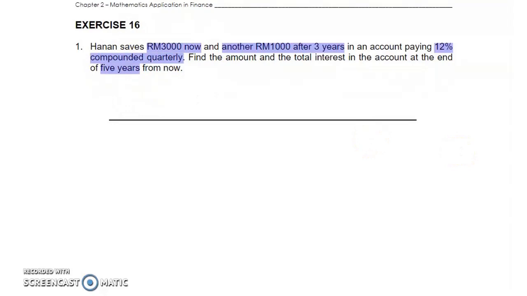Okay, as I said before, extract the info given to this timeline. So here now, let's say I put P1 equal to 3,000. Okay, for how many years? 3 years. Okay, because after 3 years, you put another 1,000. So let's say here T equal to 3.